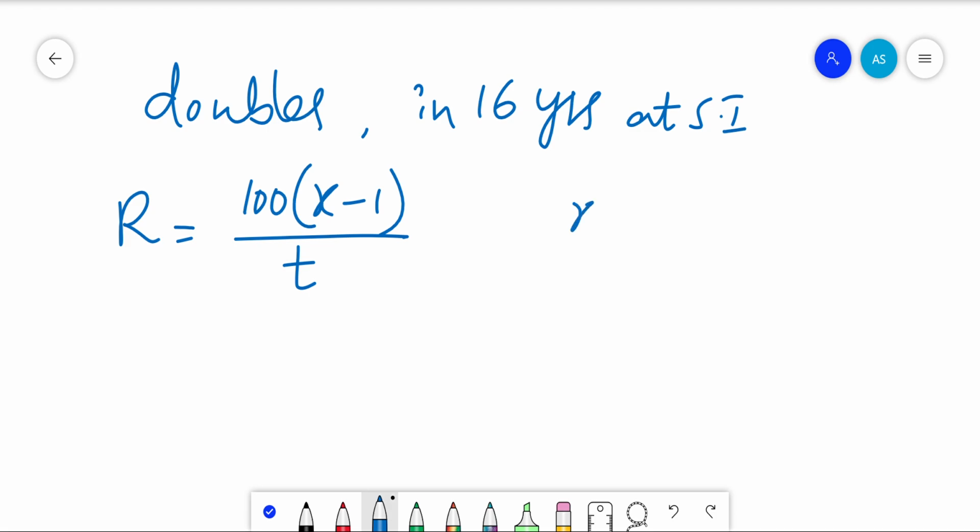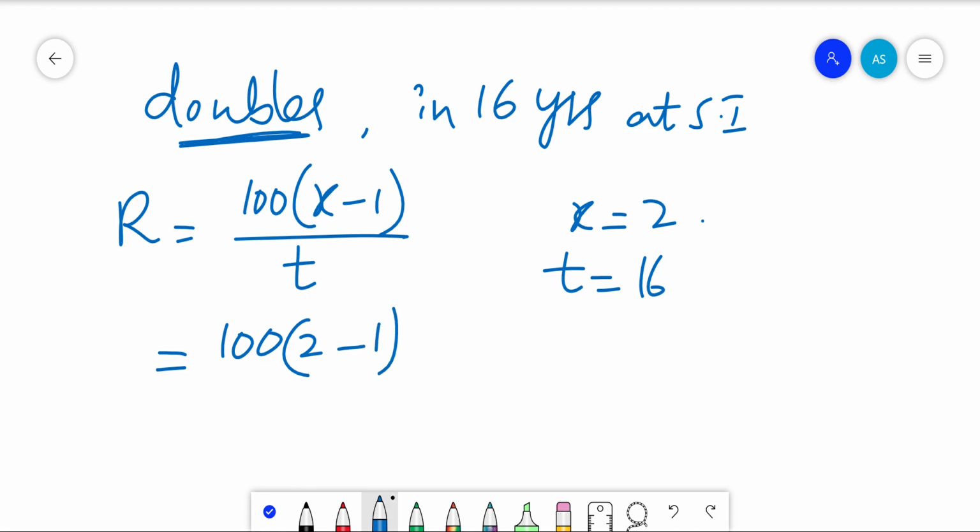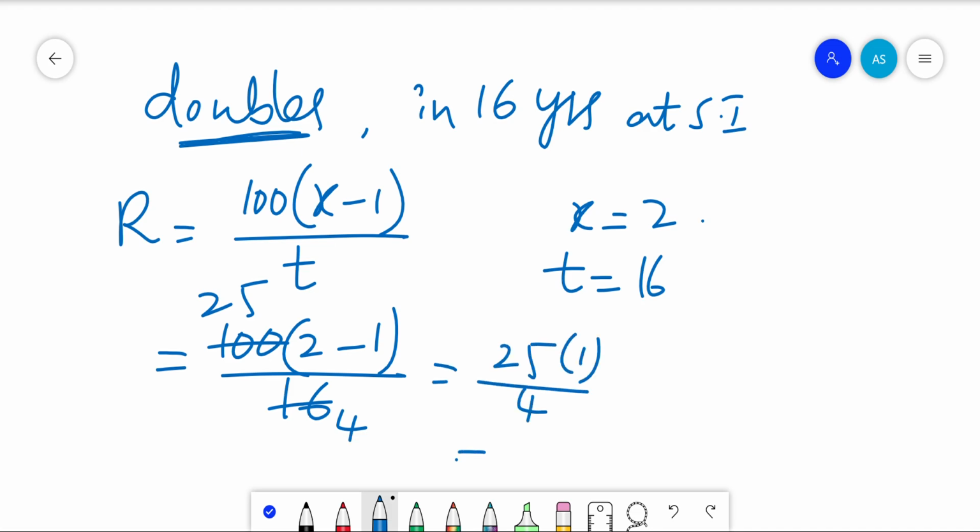Here x is 2, since it doubles, and time is 16. So rate of interest is equal to 100 into (2 minus 1) by 16. That is 25 into 1 by 4, which is nothing but 12 1/2%. That is the answer.